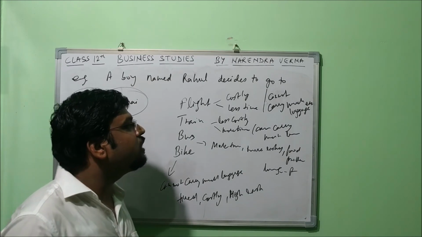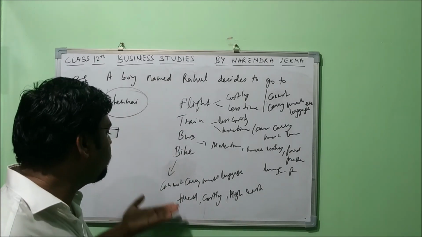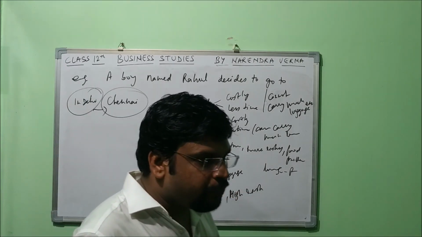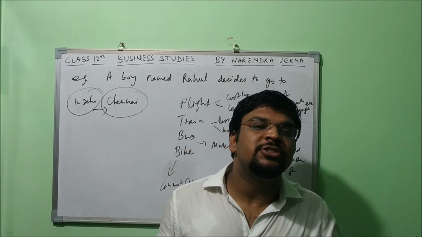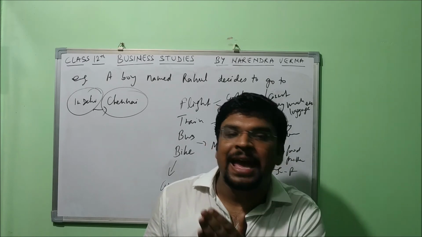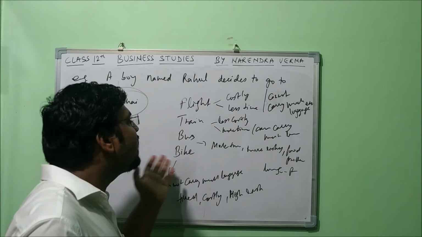If he does not need to carry much luggage, then there is no problem going by bike or by bus. Understood? Similarly, a particular organization, as per its strengths and weaknesses, has to decide the particular plan. Here, as per his capability, he has to decide.